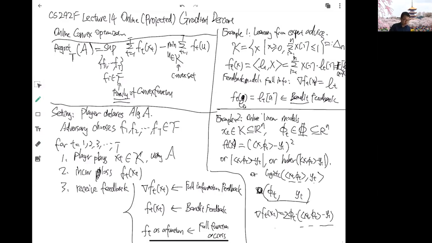Suppose there's an algorithm that minimizes regret. That means we don't have to know whether the data is drawn IID from any distribution, and we are able to compete with the best linear predictor in hindsight.